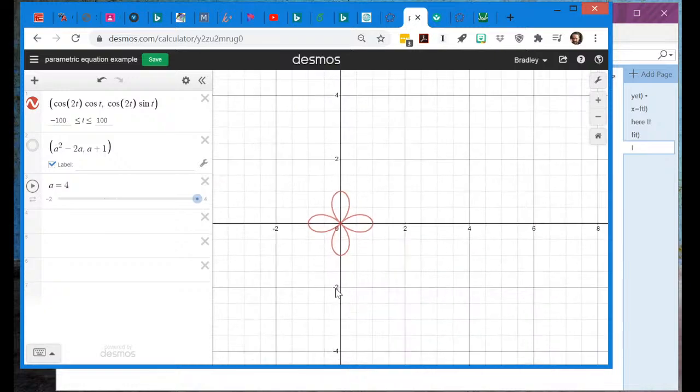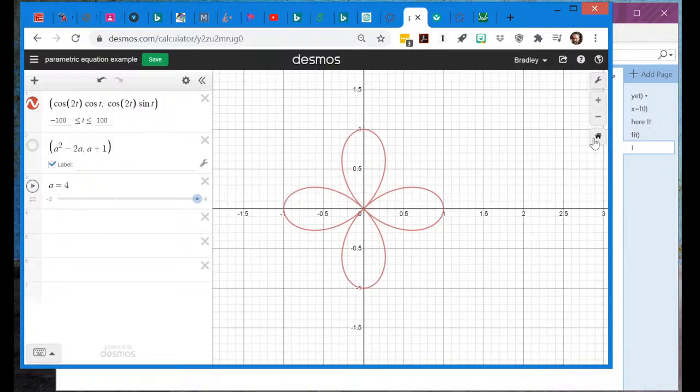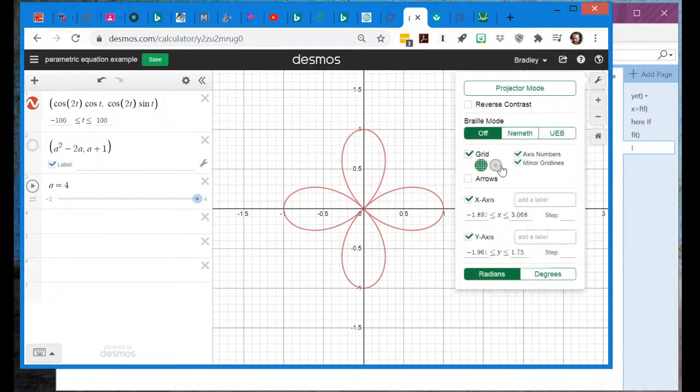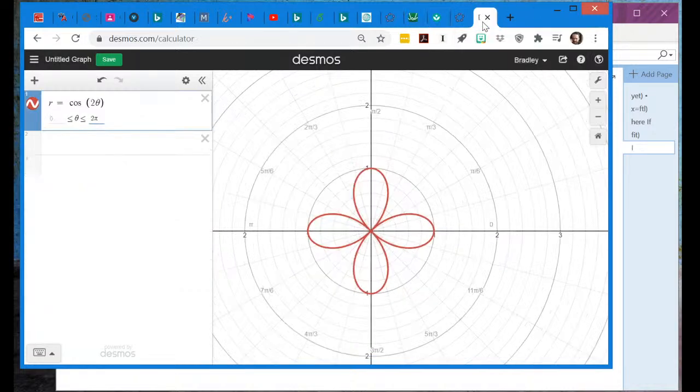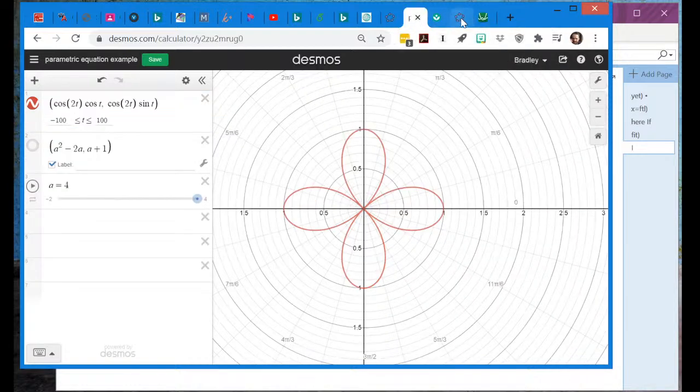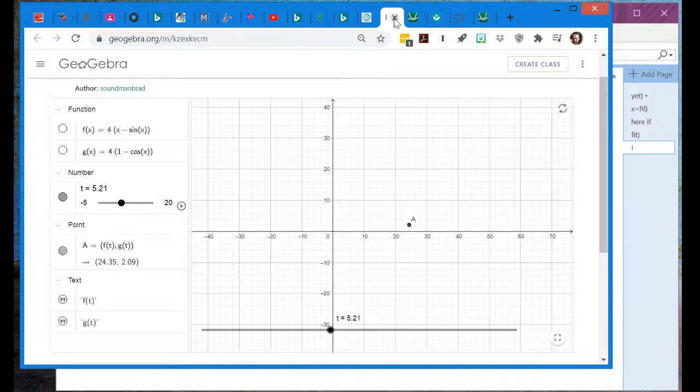But the point holds is that, check this out. Especially if I wanted to change this, see here, that is the same graph as r equals cosine 2 theta. Look at that. All right, so I really wanted to show you guys that because that is super handy.